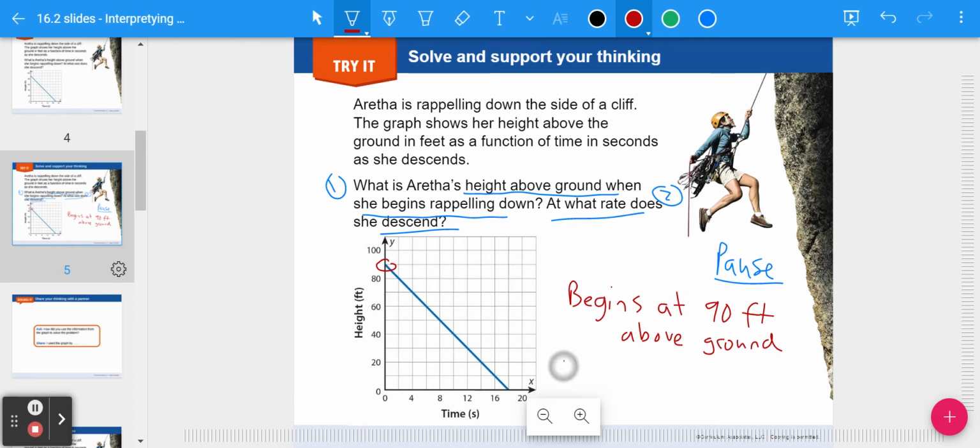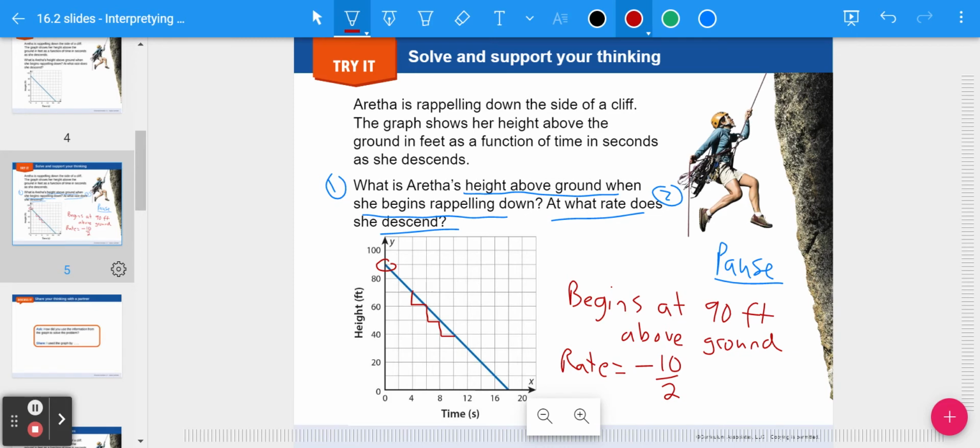And the rate at which she descends is based on what we see. Now, I could pick any 2 points. It looks like it's going down and over, down and over, down and over. It's not 1 over 1, though. It is negative, but if you look at the numbers, it's going down 10 every 2. So negative 10 over 2 seconds.